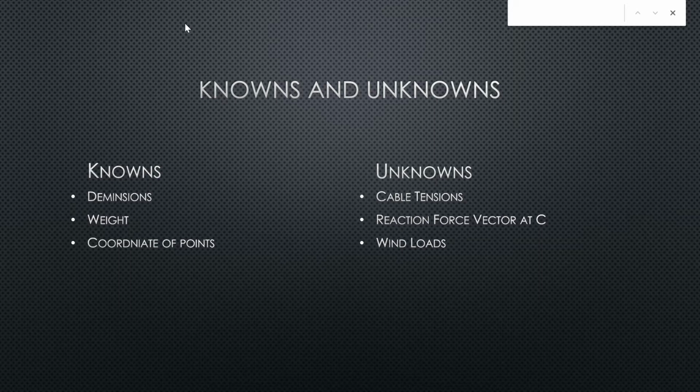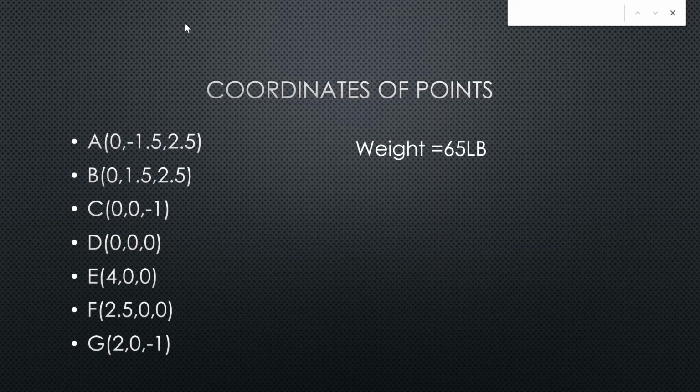My unknowns are the cable tensions, the reaction force vector at C, and wind loads. Here are the coordinates of points, given to us by looking at the diagram that I provided, and the assumed weight of the sign, which is 65 pounds.